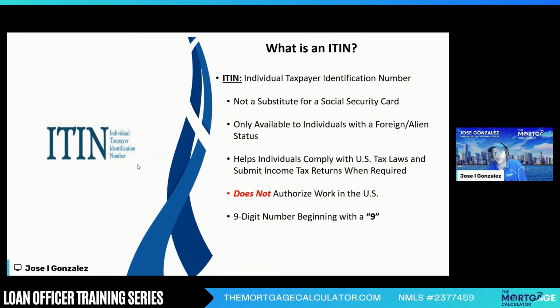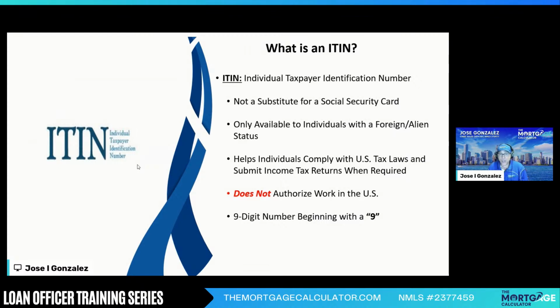The reason those individuals need the ITIN is because it helps them comply with U.S. tax laws and submit income tax returns when required. If they have self-employment income, where somebody's reporting a 1099 for them, or they are self-employed and want to file their income, the ITIN allows them to file.